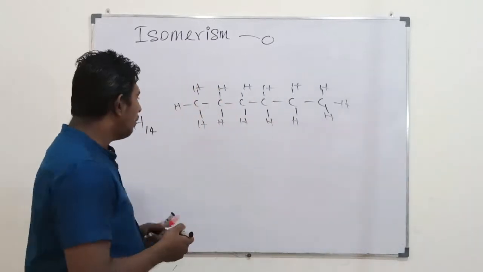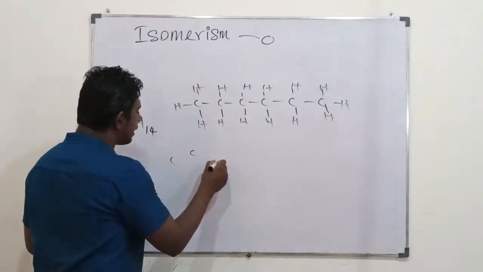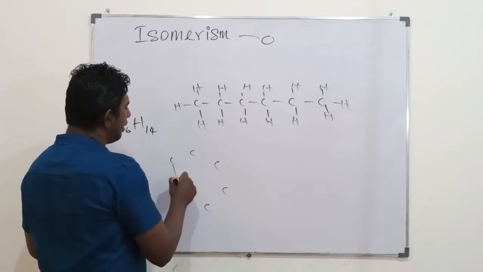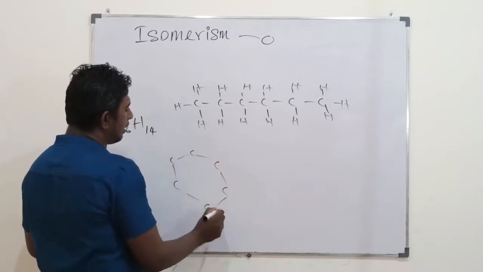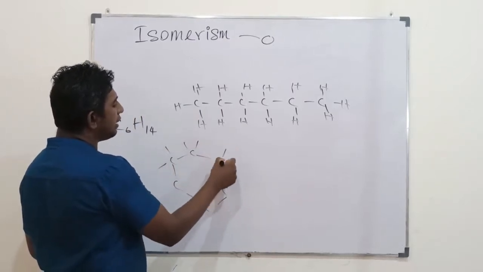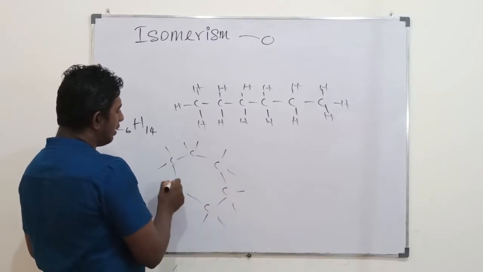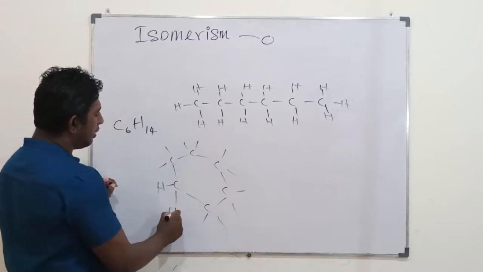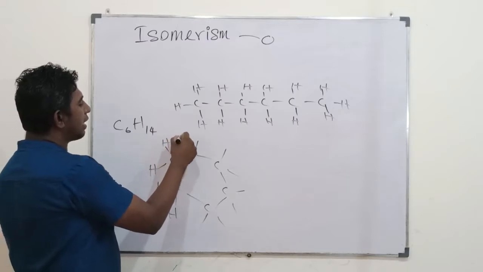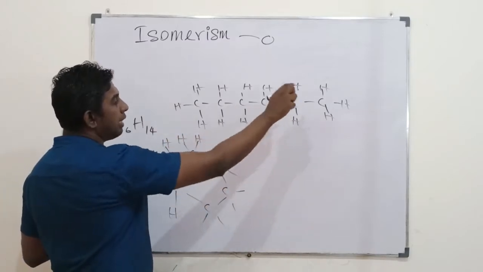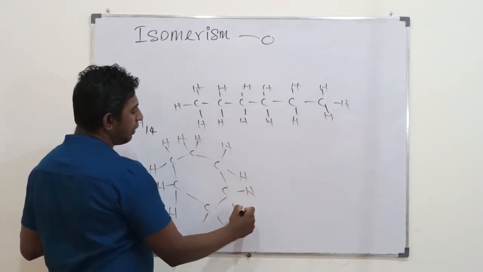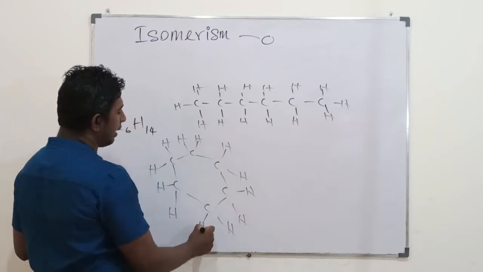Then, students, what about the same substance when it has a cyclic structure, not a linear chain but a closed structure? This is a cyclic structure. This is normal hexane, the linear one. This is cyclohexane.